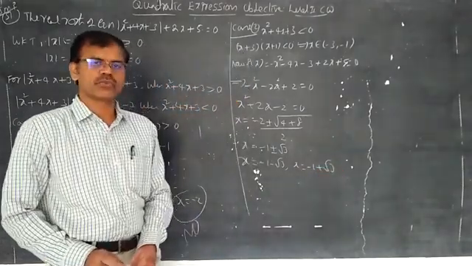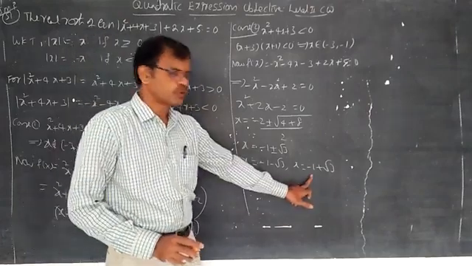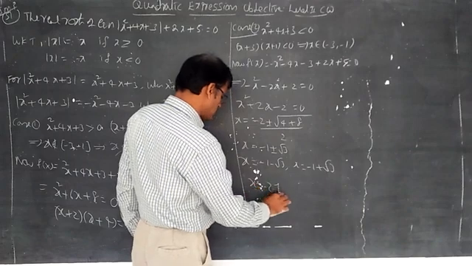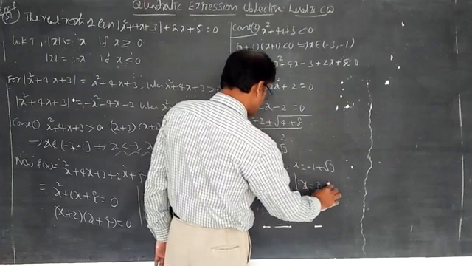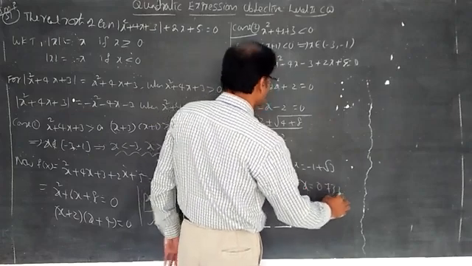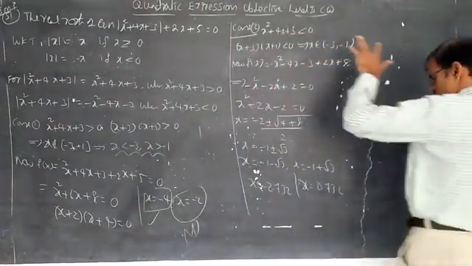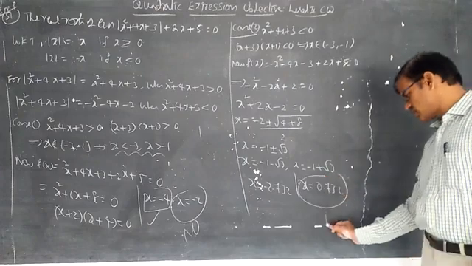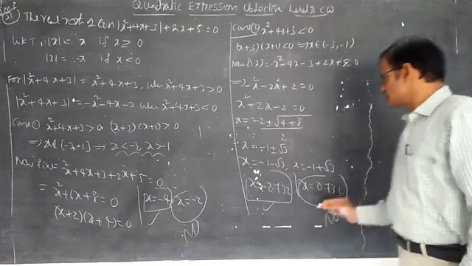Root 3 value is 1.732. So x is equal to minus 2.732 and x is equal to 0.732. According to our condition, x belongs to minus 3 and minus 1, so 0.732 you should not consider.